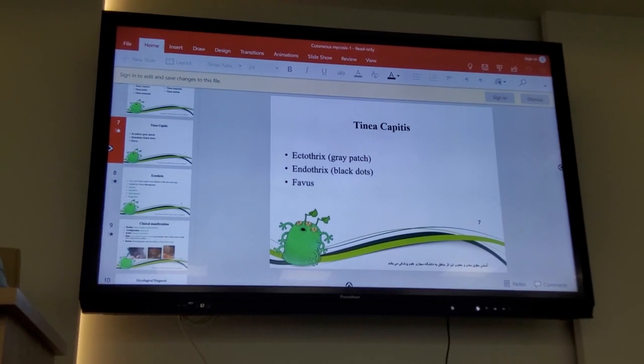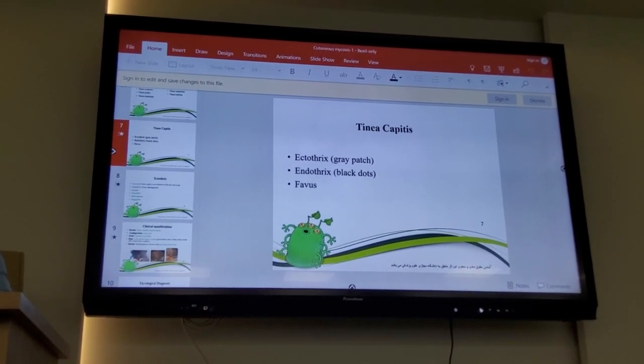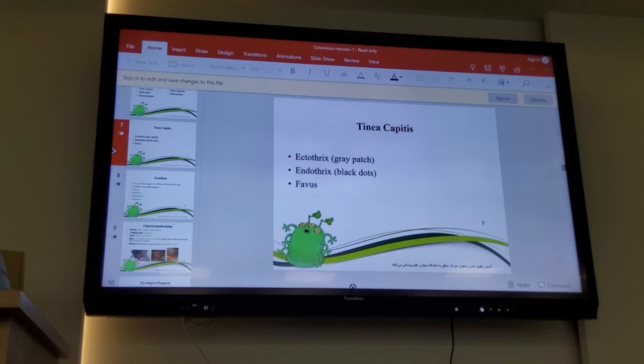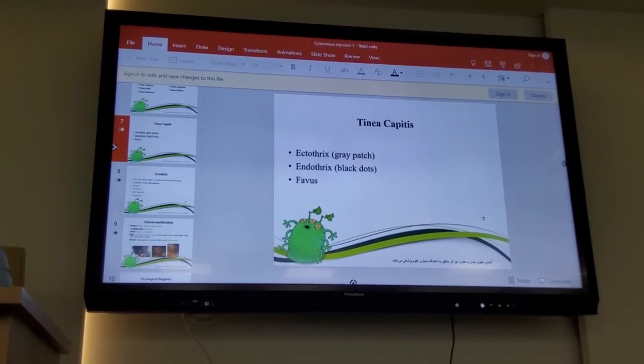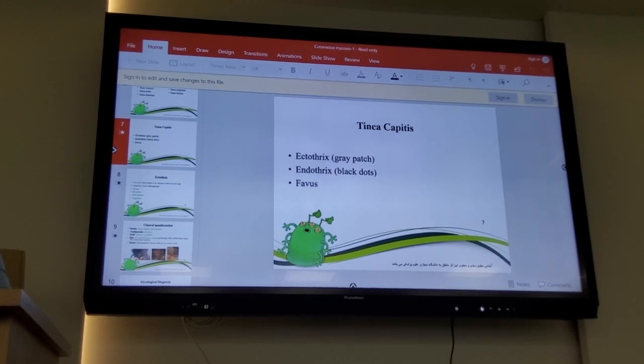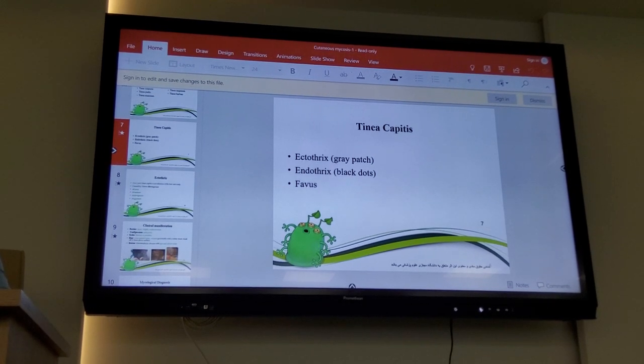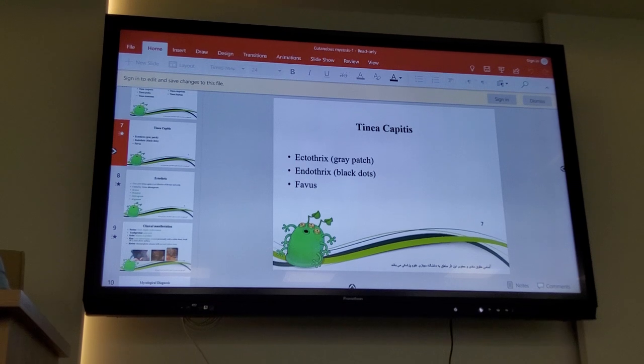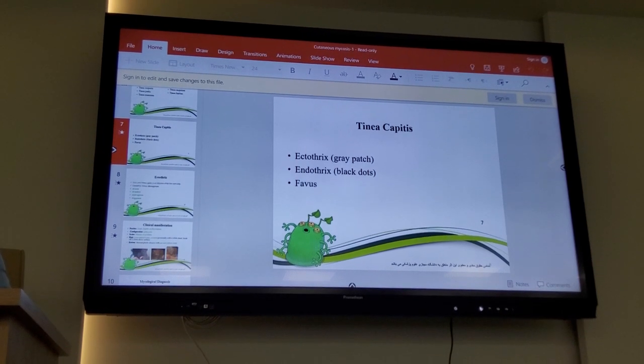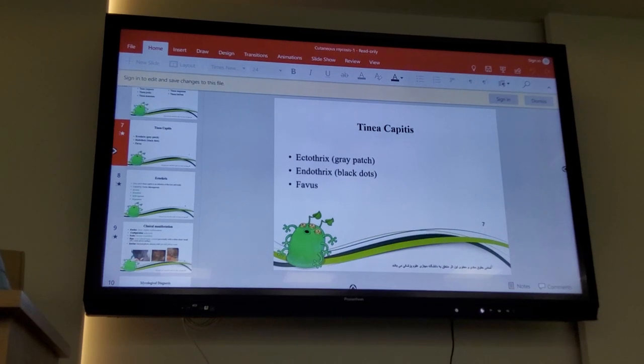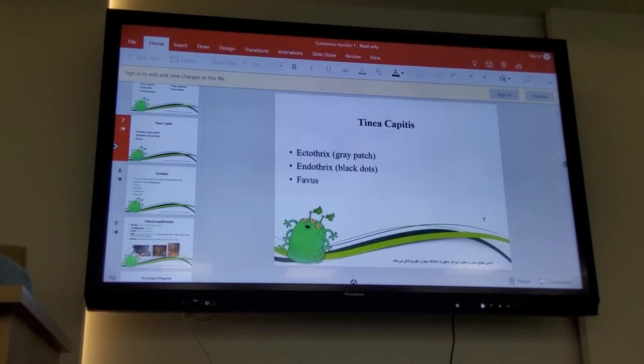Human dermatophyte, anthropophilic dermatophyte, leads to ecto, endo, favus. But zoophilic and geophilic dermatophytes produce only ectothrix. It is based on the species of dermatophyte, based on the source of dermatophyte.